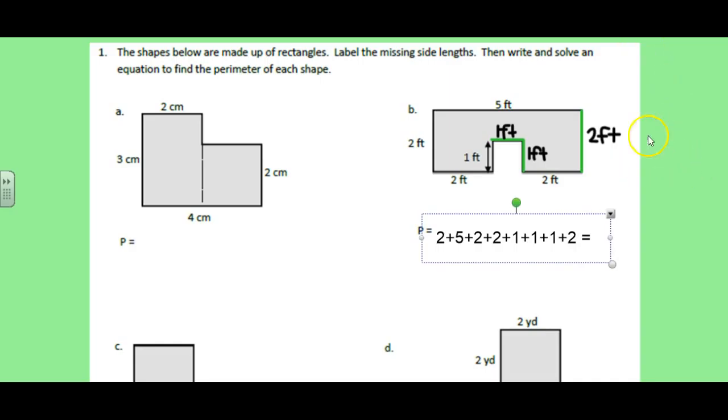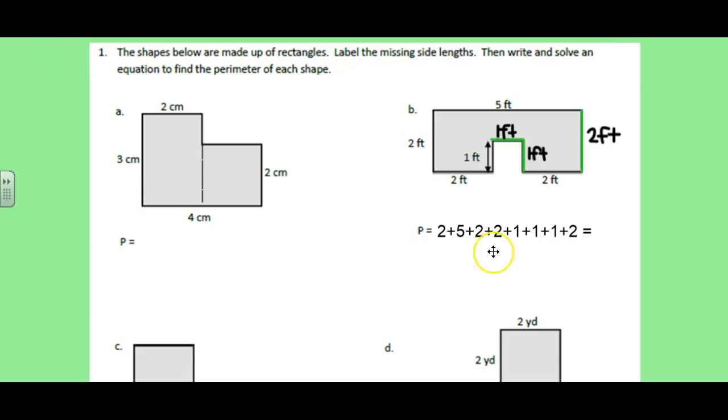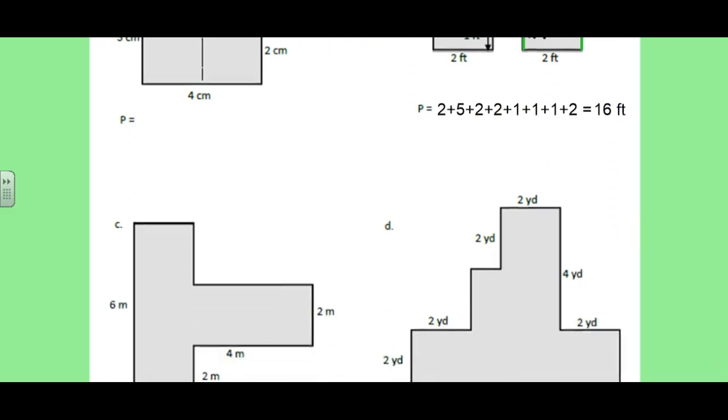And then when you add all of those side lengths together, you will get the perimeter of this shape. So I want you to go ahead and do that on your problem set and push play whenever you're ready to check your answer. So you should have got that the perimeter was 16 feet. So the perimeter of that shape is 16 feet whenever you add all of those side lengths together.